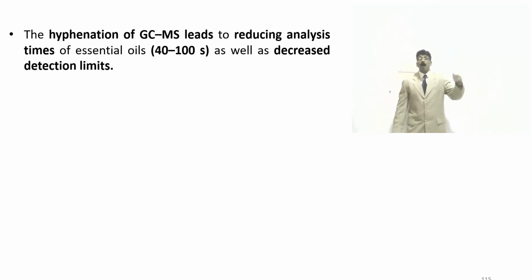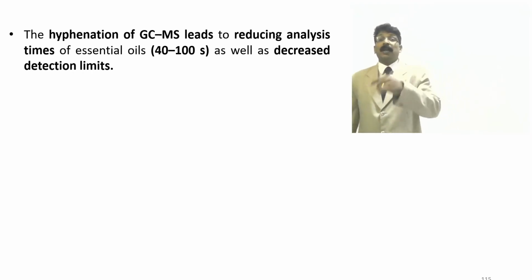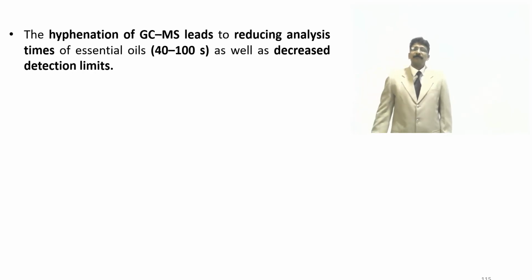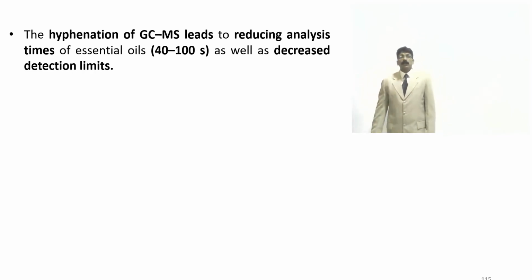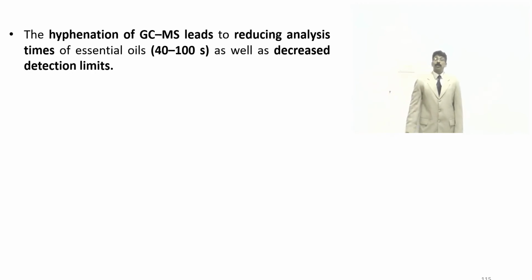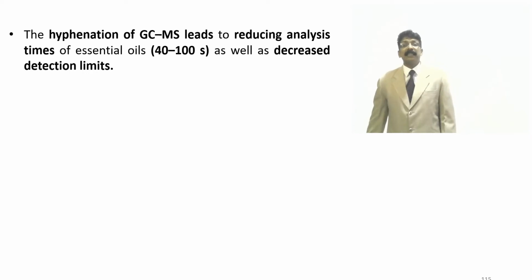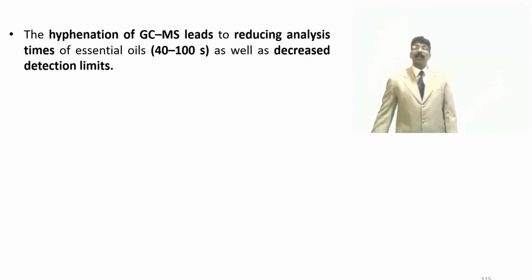The compound separated from gas chromatography enters directly into the mass spectrometer, on-line. This reduces analysis time; in essential oil, 40 to 100 seconds is enough, and it also decreases the detection limits.